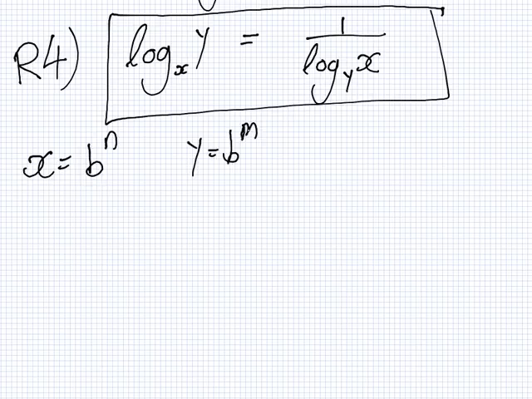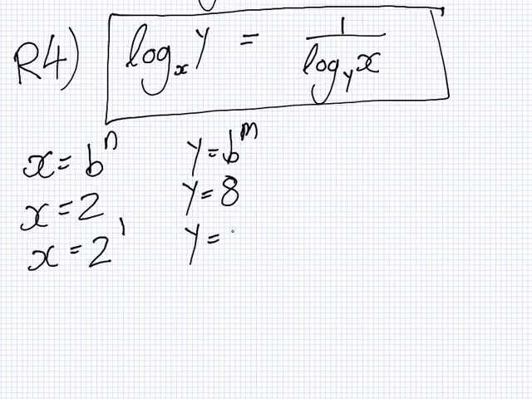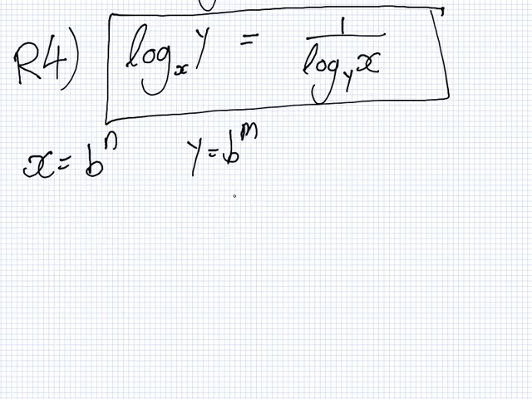And in fact, the b is not important at all. So, in other words, you write x and y as powers. So, for example, if x was 2, and y is 8, then you could say x equals 2 power 1, and y equals 2 power 3. So, we just imagine that we can write them as powers.